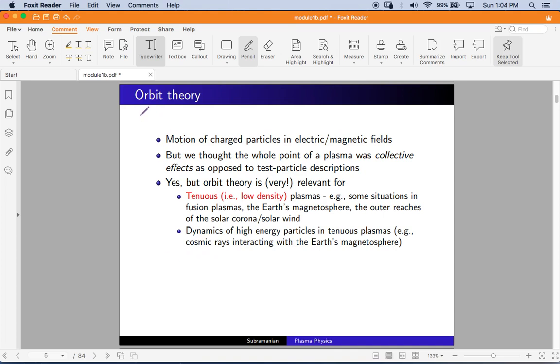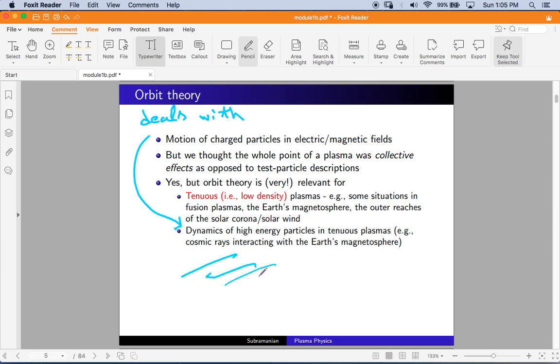Orbit theory deals with the dynamics of high energy particles in tenuous plasma. So it's not just tenuous plasmas, tenuous meaning low density, thin plasmas, but also when the particles that you're talking about are genuinely test particles.